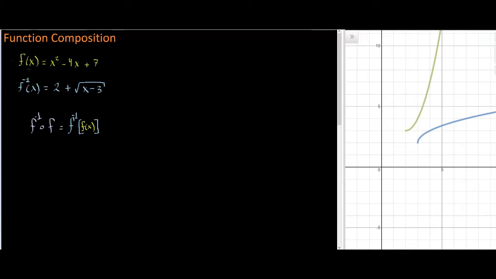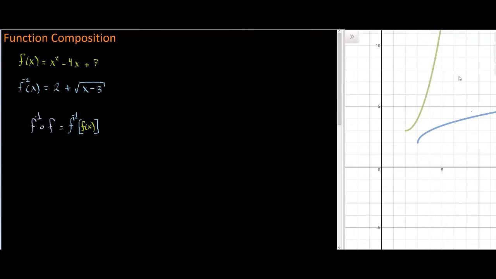f of x is x squared minus 4 times x plus 7. It's a function we have already worked with in the past topic of inverse of a function. And actually this inverse here, we got it from the past topic, doing the past topic's examples.